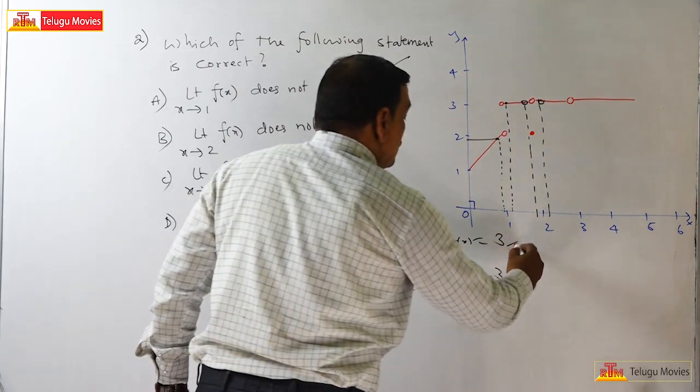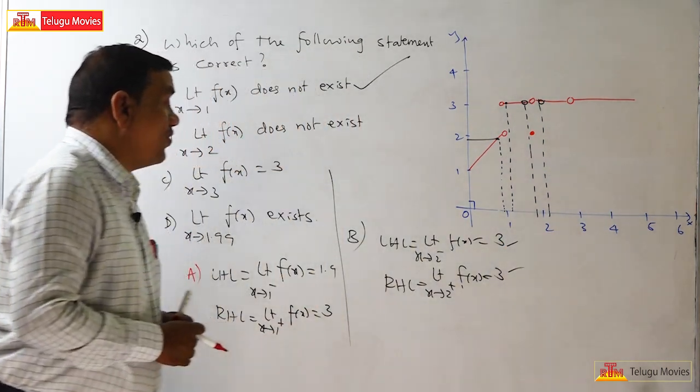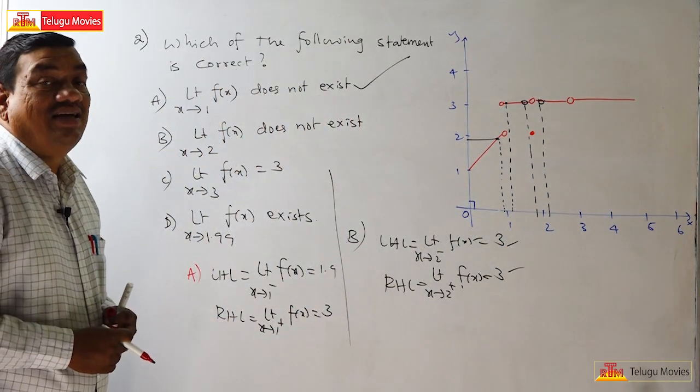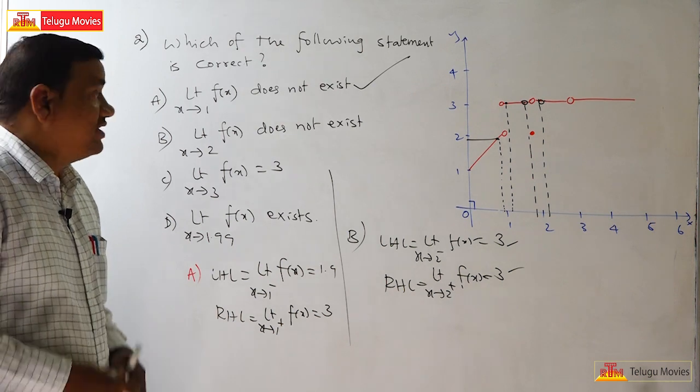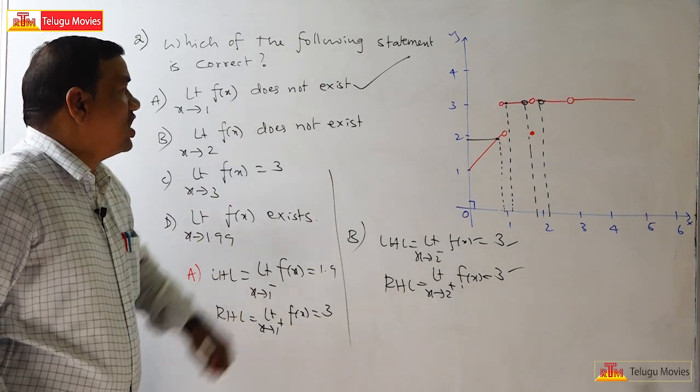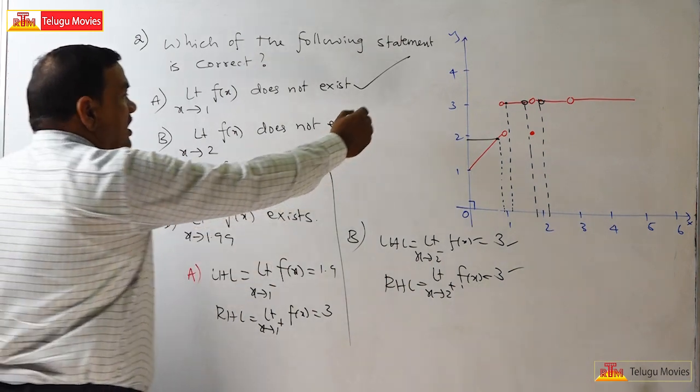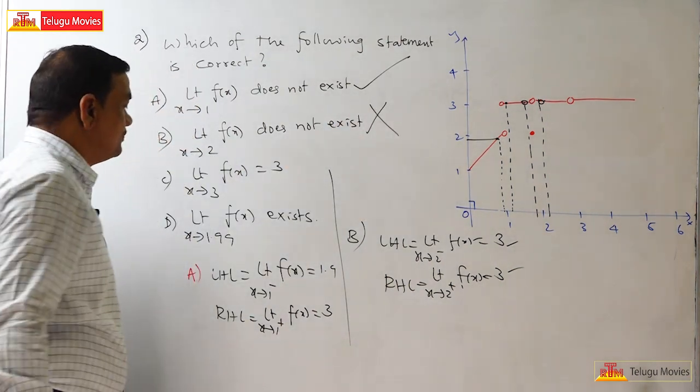So LHL is equal to RHL. Therefore the limit exists at x equal to 2, but he says it does not exist. So this is a wrong statement.